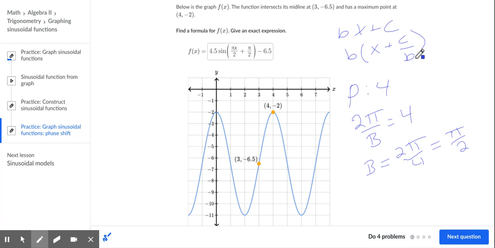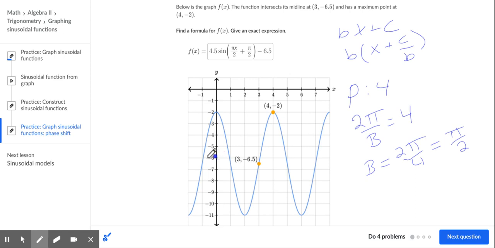So I can look at this. I know that this is my phase shift, so I need to figure out what my phase shift needs to be. There are multiple ways of doing this. But basically I'm looking for what point would be my starting point for this graph. In a regular sine graph without a phase shift, what point would be on the y-axis?